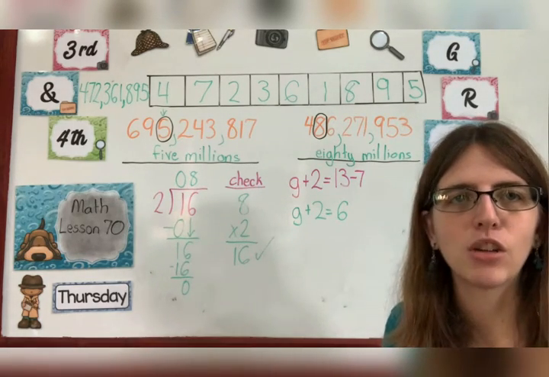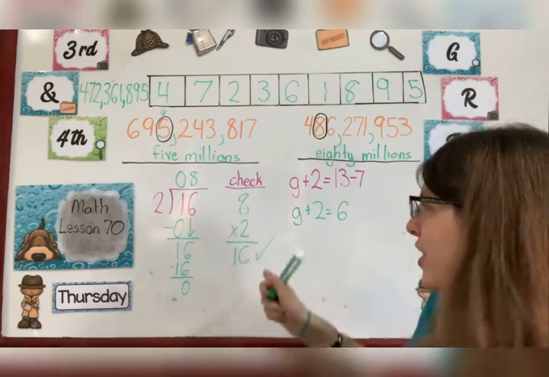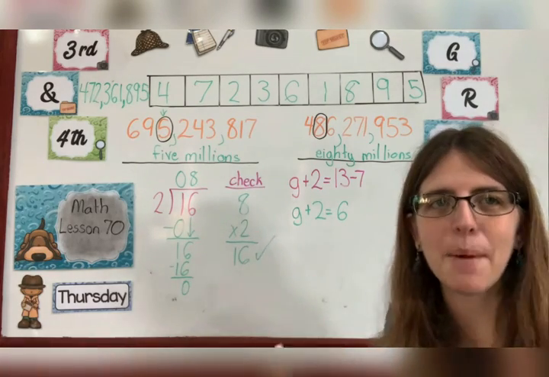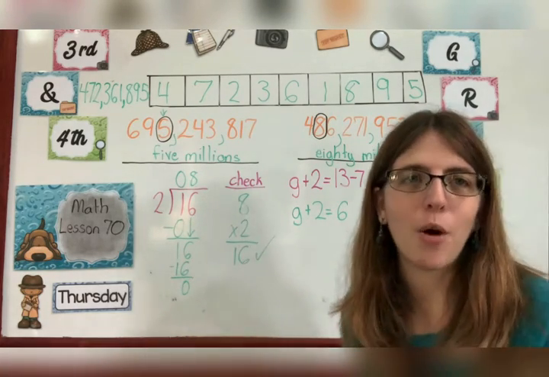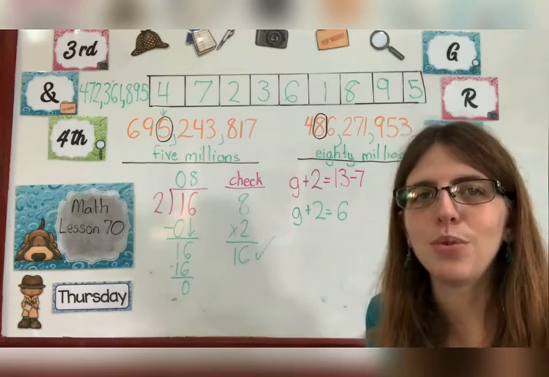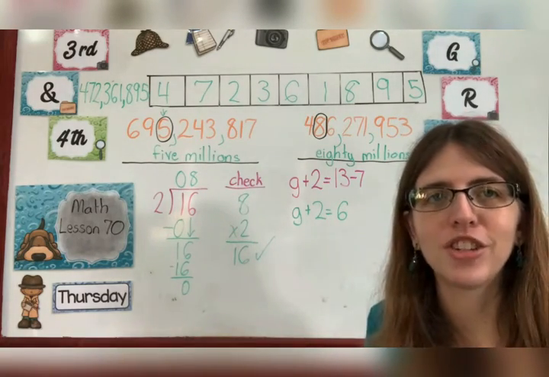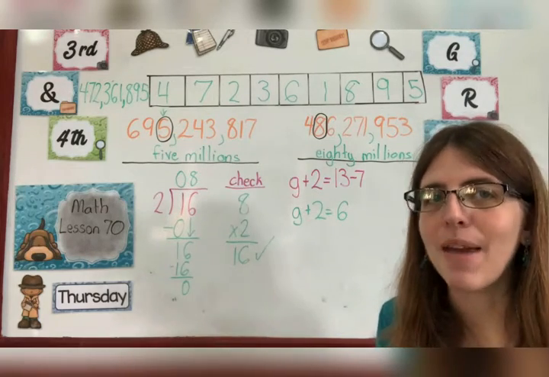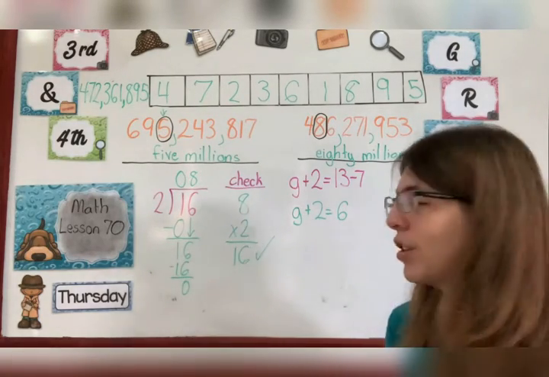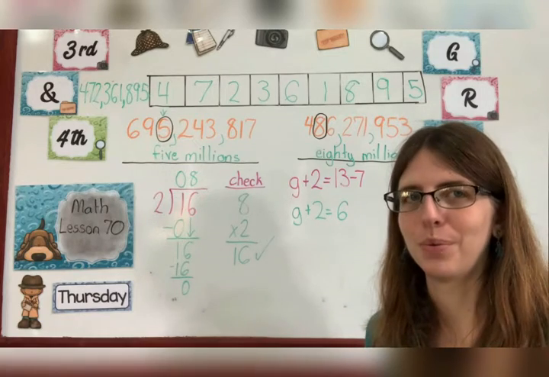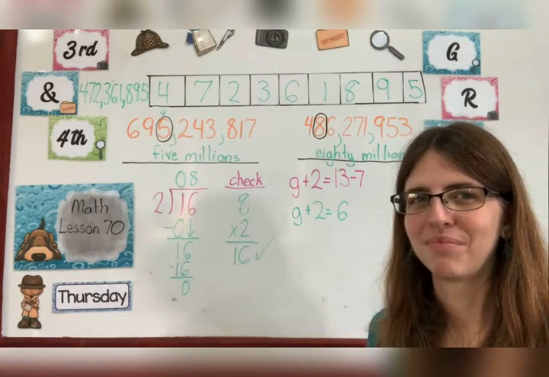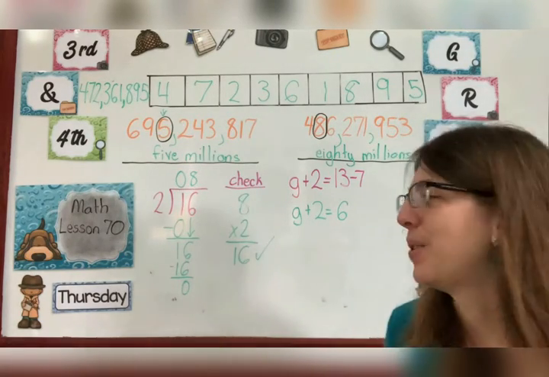Now, my goal is to get the G, the letter, the missing number by itself so I know what it is. So to do that, I have to do the opposite of whatever I'm doing to G right now. I'm adding 2 to G. So what's the opposite of adding 2? Subtracting 2, you're right.